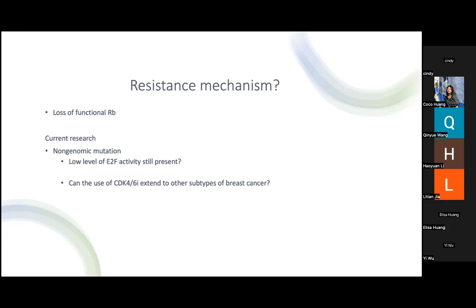We are also trying to figure out if the use of CDK4/6 inhibitors can extend to other subtypes of breast cancer, for example triple negative breast cancer, because so far it has proven to be pretty resistant in triple negative, and there's no good therapy for triple negative on the market so far. So that's where the research is headed at this stage. That's basically my share.